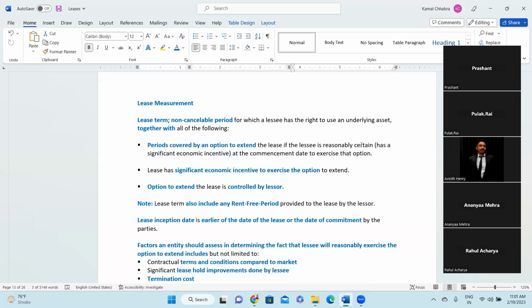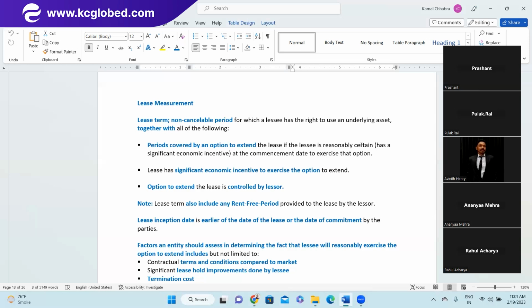So for example, if you have seen commercial office lease rentals, generally they are for a period of 8 to 9 years, because any big company, when they take any office on a lease, looks for a longer-term period. But generally the lock-in period would be 3 years, and then there is an option to renew and extend, right?